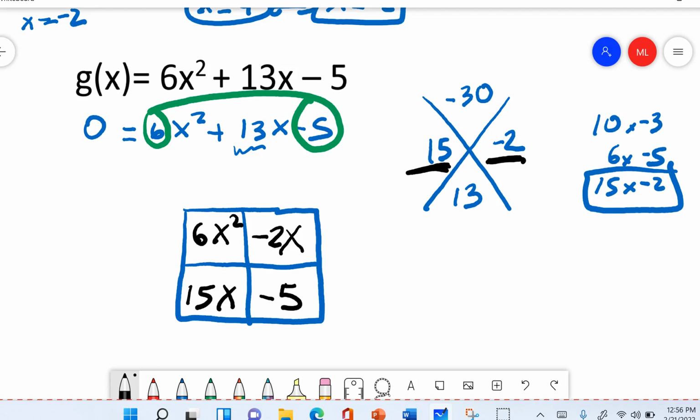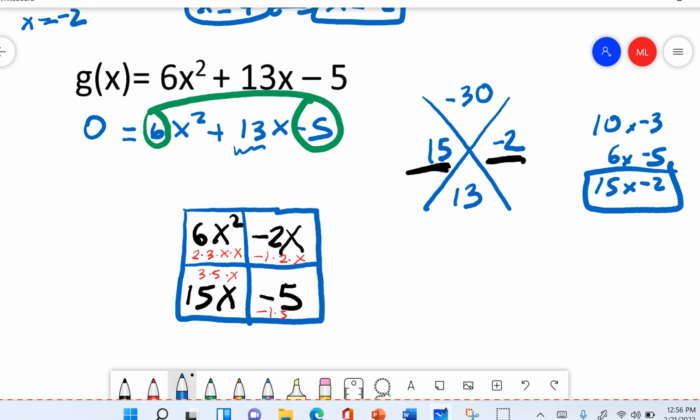After I complete the box, I am going to factor out the GCF by row and the GCF by column. So, very quick, if you don't see it: 6 is 2 times 3, x squared is x times x. This is negative 1 times 2 times x, negative 1 times 5. 15x is 3 times 5 times x. Okay, now it will be easier to identify common factors.